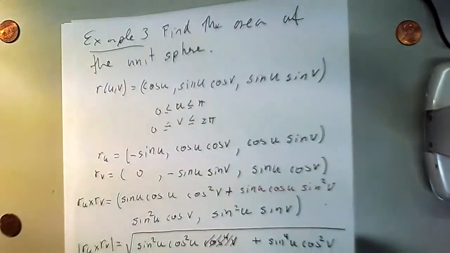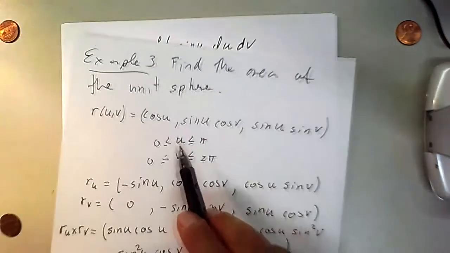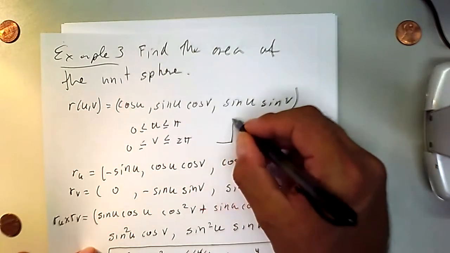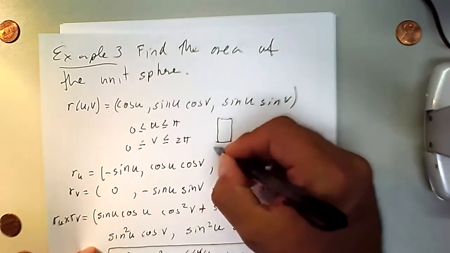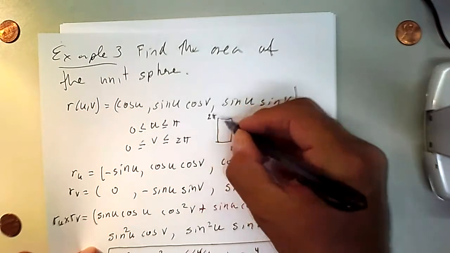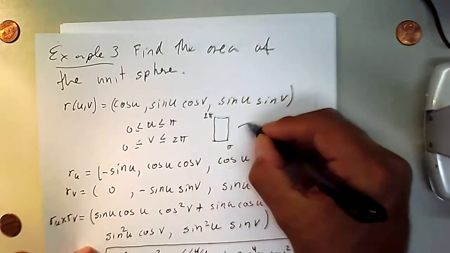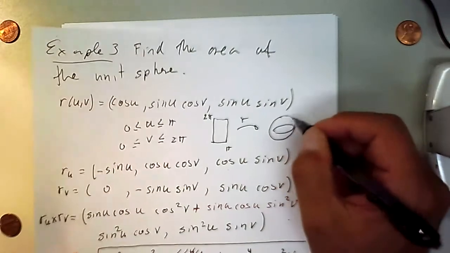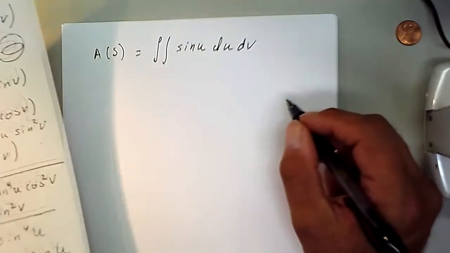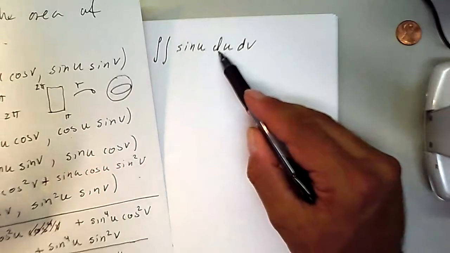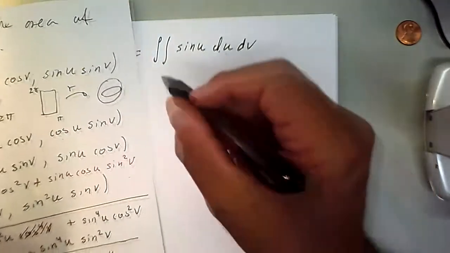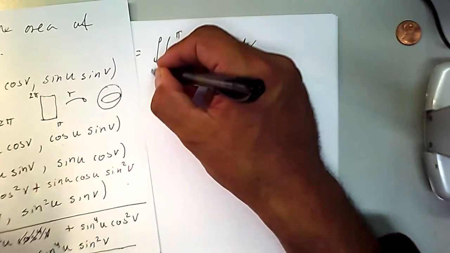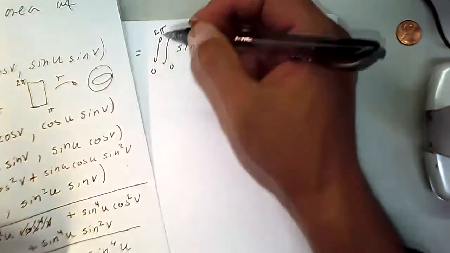And remember what we did with this transformation: we took a rectangle from 0 to pi and 0 to 2 pi on the u's and the v's and transformed it into a unit sphere. So the double integral goes as u goes from 0 to pi and v from 0 to 2 pi.